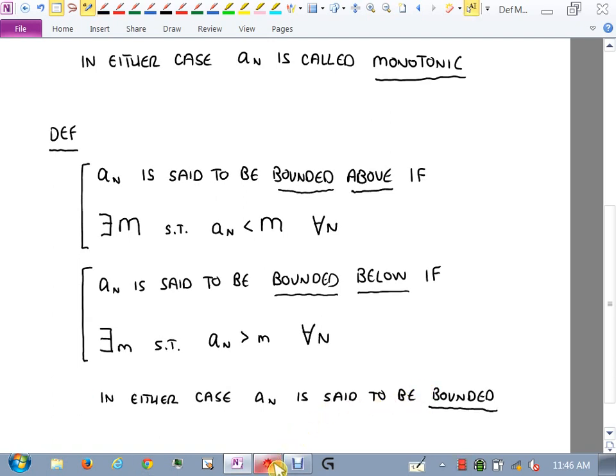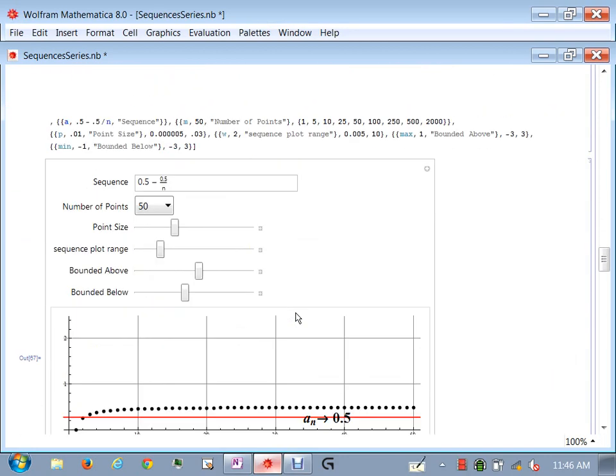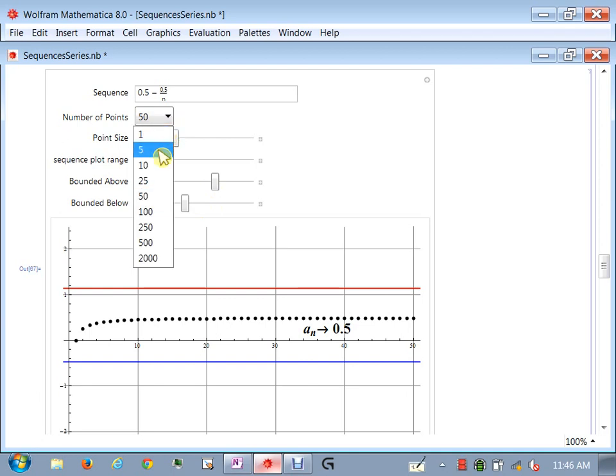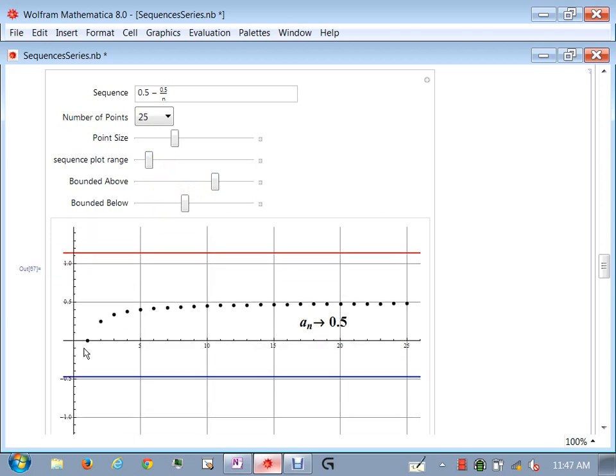I put the picture together because it was really easy to change the code to show you this, but here we go. Here's a sequence. That might be too many points. Let me bring this back. Okay, here's a sequence, right? The sequence appears to be approaching 0.5. All right? Yes?